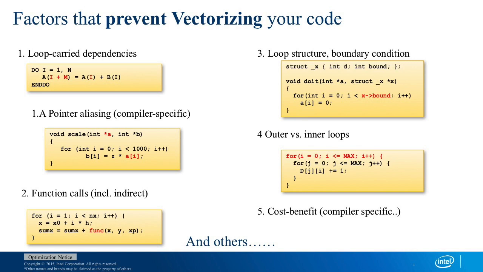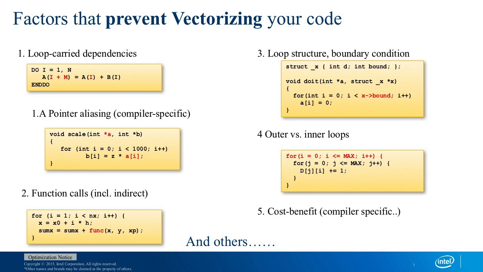Pointer aliasing: the compiler does not know if it is probably the same vector on the right and left side. And then function calls. You might have function calls inside your loop that prevent vectorization because the compiler does not know what happens. Normally you would say with inlining you can cure that.